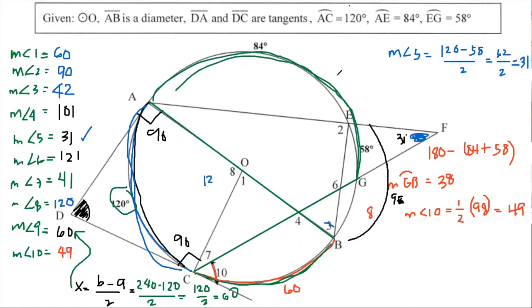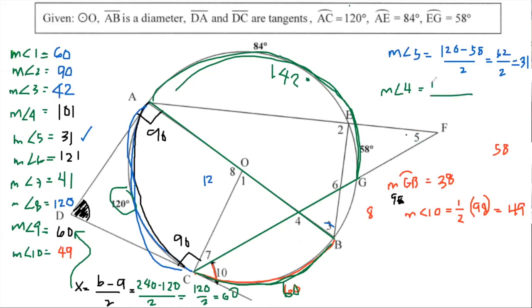Yan. So this 84 and 58, when you add them up, that will give you 142. Tama? So the whole thing right here is 142. That's the measure of the arc, including the 58. So if that is 142 and this is 60, remember that the angle formed by the two chords, measure of angle 4, is equal to the average of the arcs.